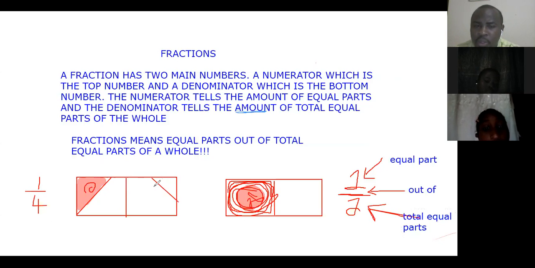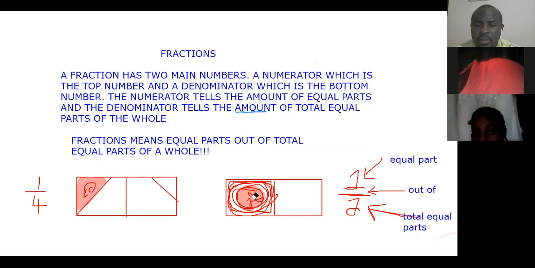No, sir. So is this 1/4? No, sir. Okay. What about this, Zaria? If I remove this, what about this?